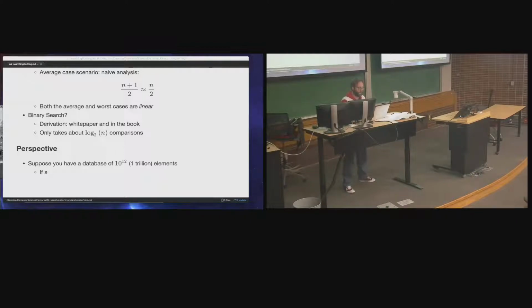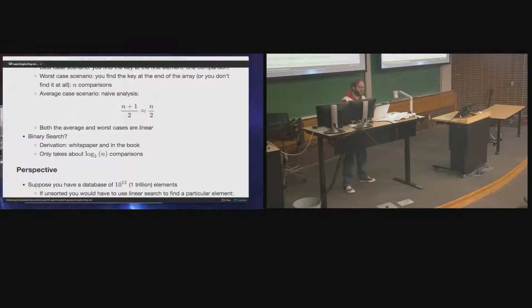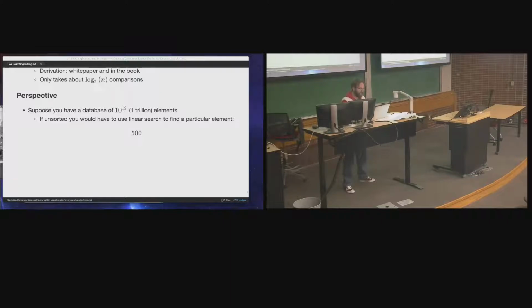If unsorted, you would have to use linear search to find a particular element, right? So let's even be generous here and say that you get to do the average case scenario where it's going to be 1 trillion divided by 2. Well, that's 500 times 10 to the 11th.